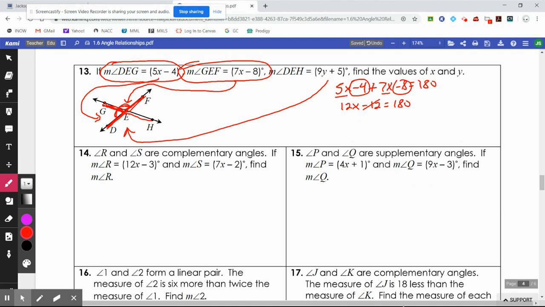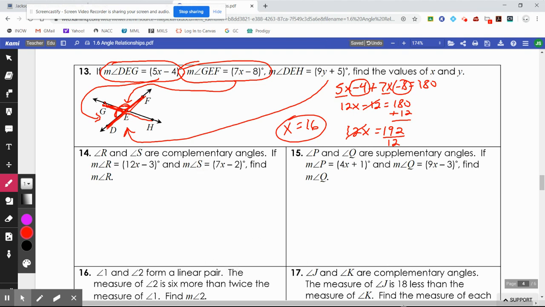To get rid of minus 12, we're going to add 12. Gives me 12x is 192. Since 12 is being multiplied by x, we're going to divide by 12. So x has a value of 192 divided by 12, and that's 16.